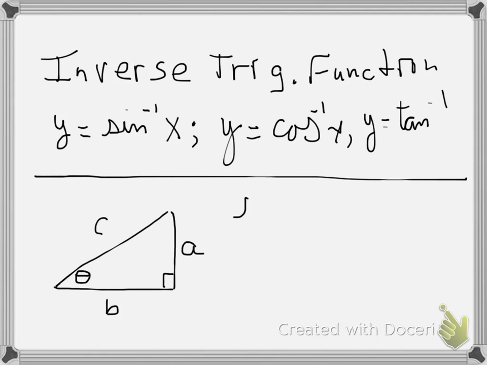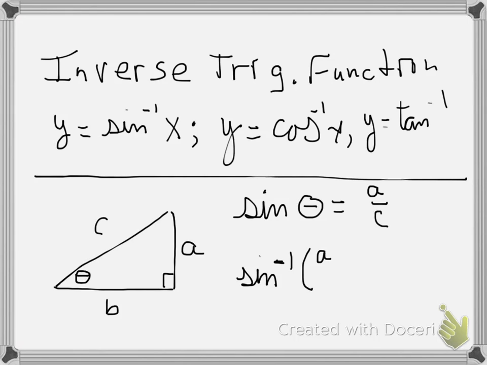And if we think about the sine of angle theta equals opposite over hypotenuse, that's A over C, well, that would mean that the inverse sine of A over C would equal angle theta.